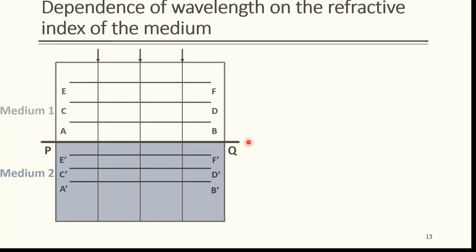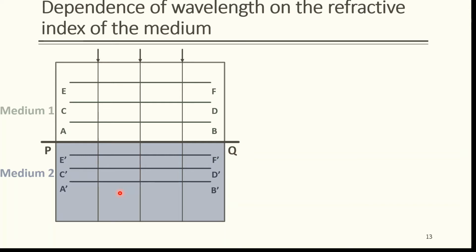The three successive wavefronts AB, CD and EF, separated by distance λ1, are incident on PQ. λ1 is the wavelength of the wave in medium 1. As light is incident normally, it will not change its direction after refraction. A', B', C', D' and E', F' are the wavefronts after refraction.